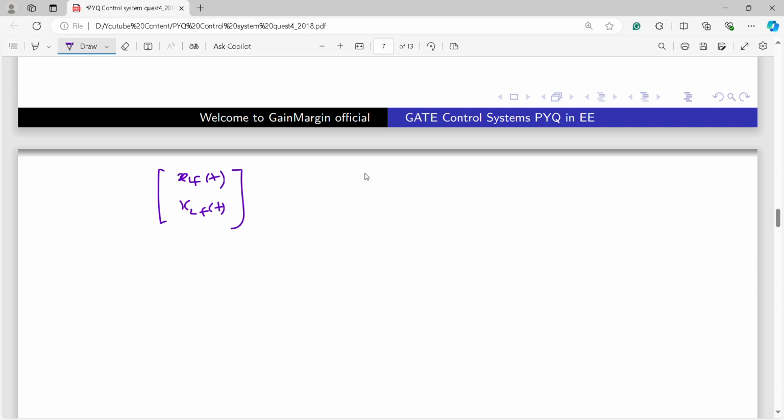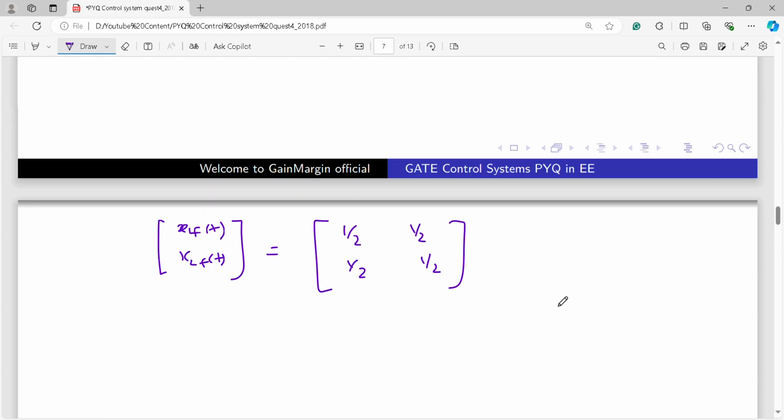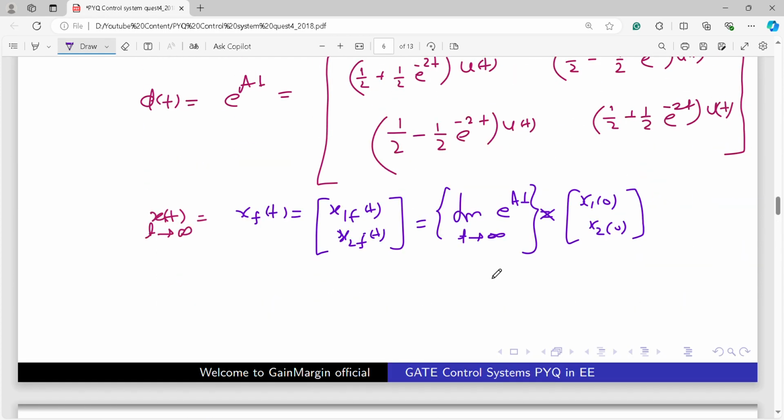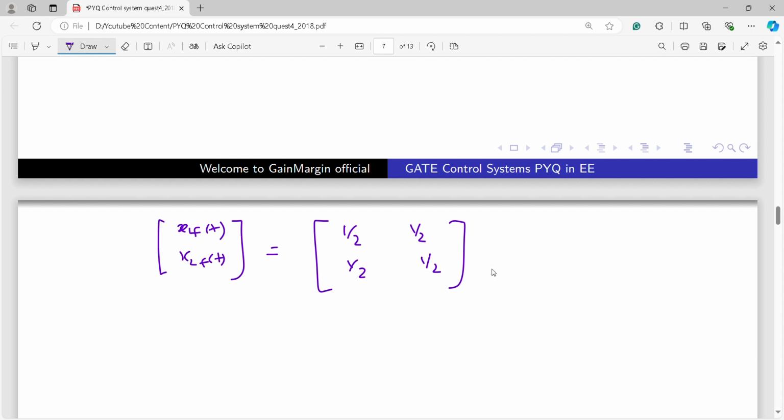So here we get 1 by 2, 1 by 2, 1 by 2, 1 by 2 when t tends to infinity. All right, and this multiplies x1(0), x2(0). This is the initial condition, right? So finally x1f(t) is 1 by 2 x1(0).